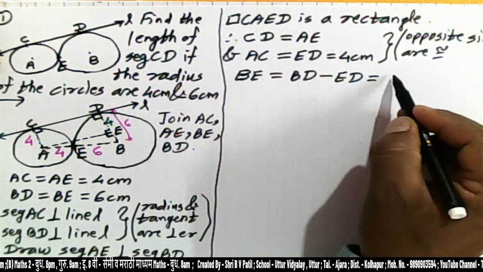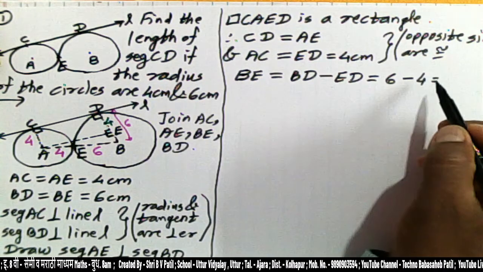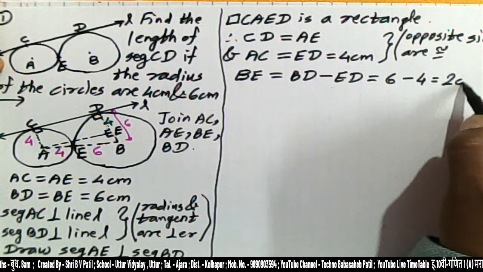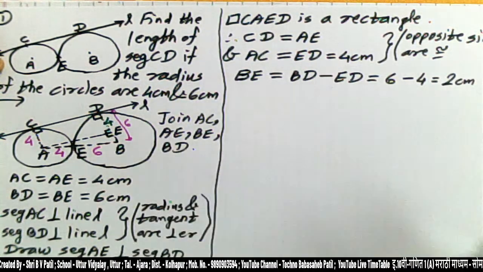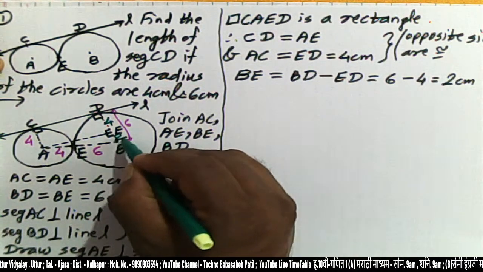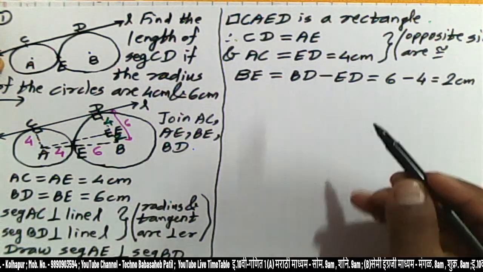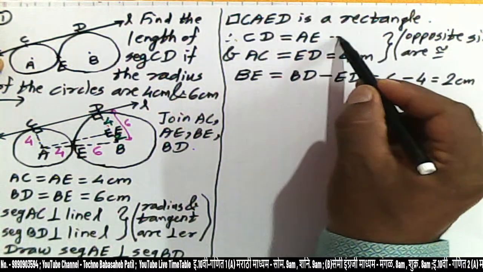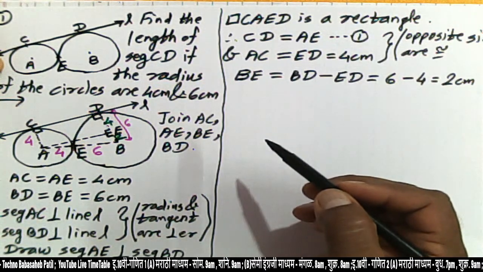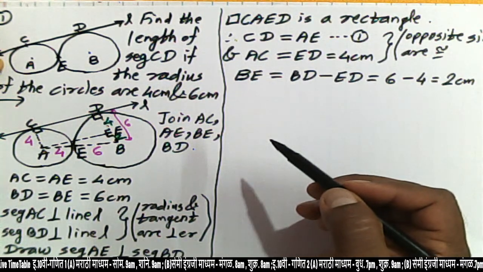Big segment is 6 centimeter minus small segment is 4 centimeter. Here subtraction, that is 2 centimeter. Then we get here 2 centimeter. Here this is equation 1. Yes, good answer given.